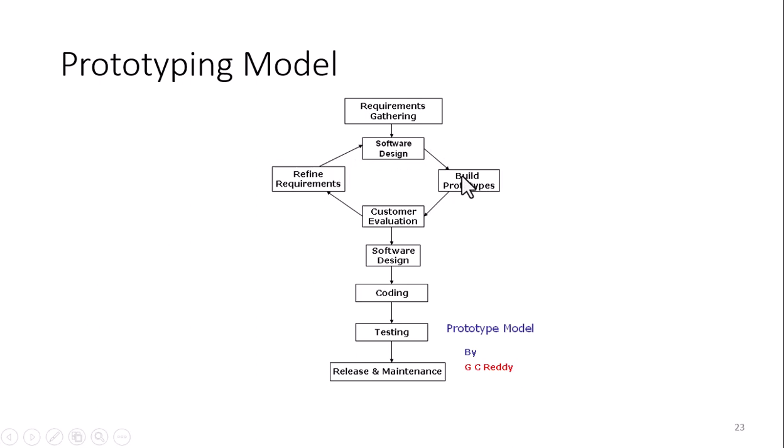You then make more prototypes, or enhanced prototypes, and evaluate them again. And if the requirements are okay, based on the new design, you start coding and testing, and then release.